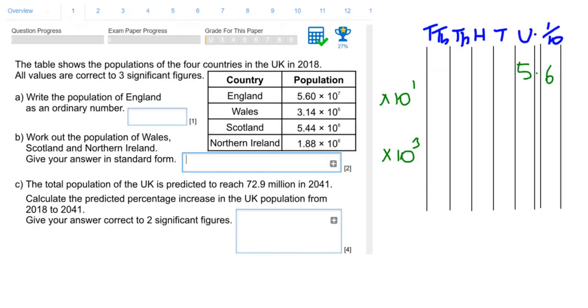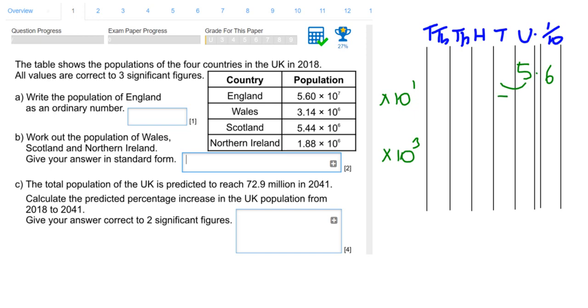So here you'll see that I have written out on my right hand side 5.6, and I've put that in units, tens, hundreds, thousands, tens of thousands, etc. So if I want to multiply 5.6 times 10 to the 1, that means multiplying by 10. So we're going to move along each of these through one place.